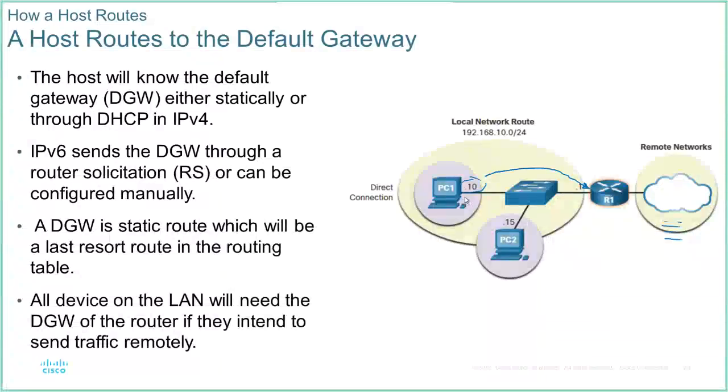If it's just traffic bouncing between PC1 and PC2, it'll do what's called an address resolution using ARP, which says I need to get to 15, and PC2 will reply saying this is my MAC address, and then it'll just forward it directly to PC2.